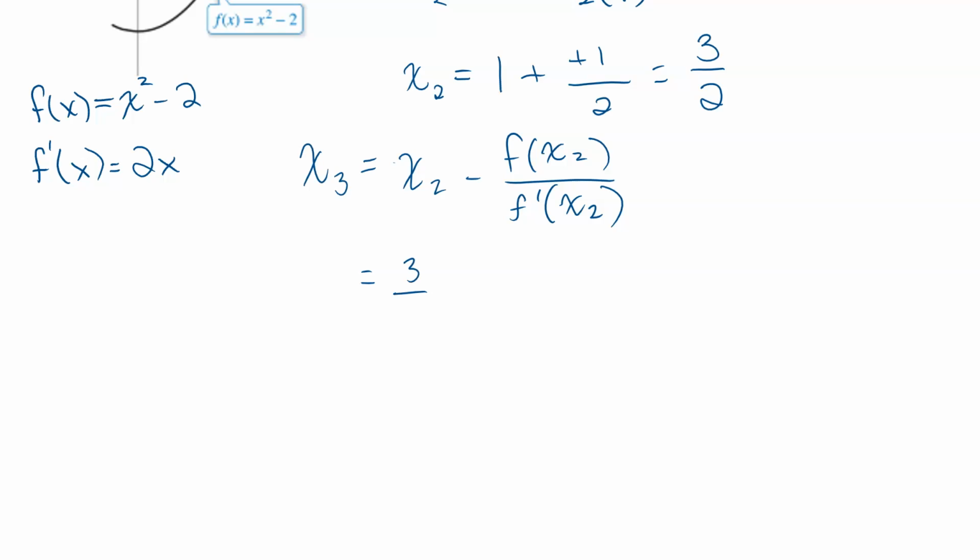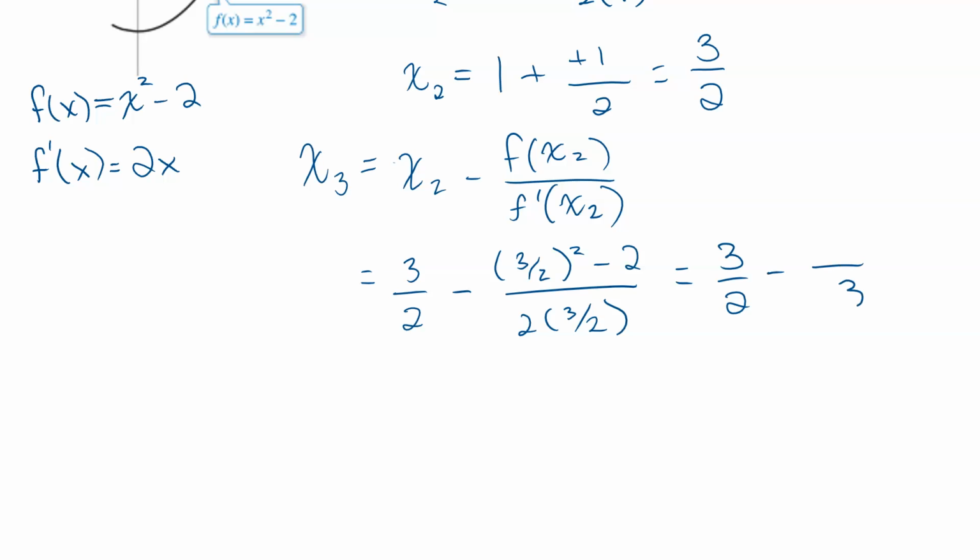So we've got 3 halves minus, and now we're substituting in 3 halves, so 9 over 4 minus 2.